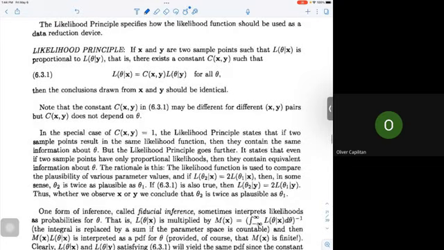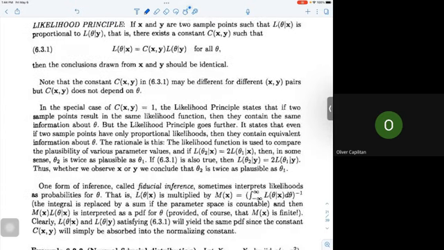We have a note here that our constant C of x, y may be different for different x, y pairs. But C of x, y does not depend on our parameter theta. So we have a special case. If we consider the constant to be equal to 1, then the likelihood principle states that if two sample points result in the same likelihood function, then they contain the same information about theta.